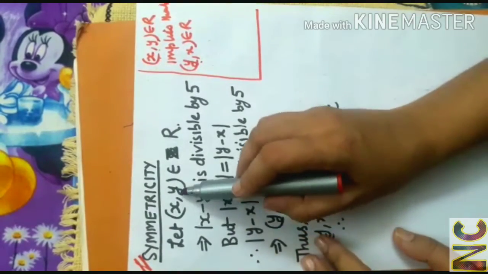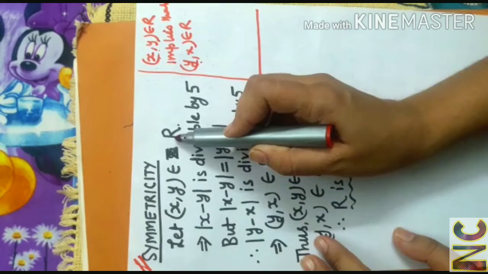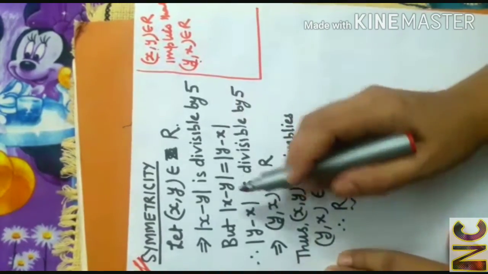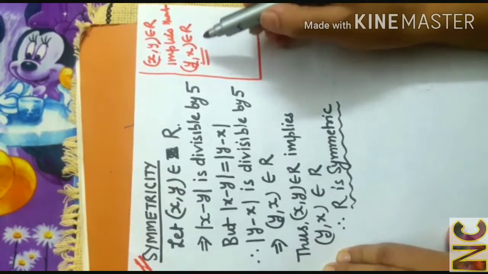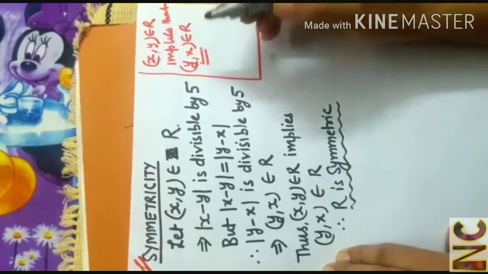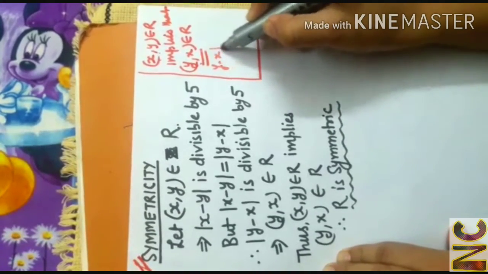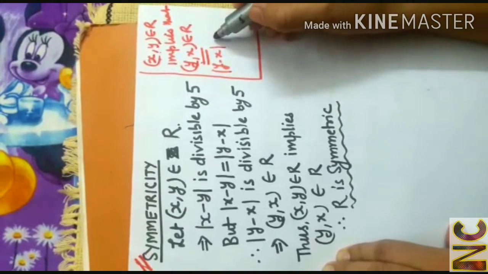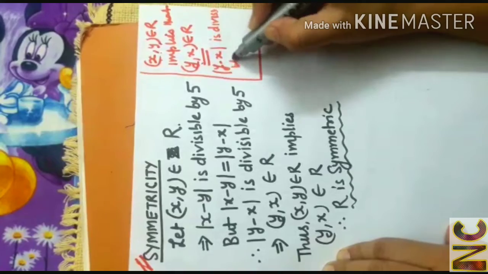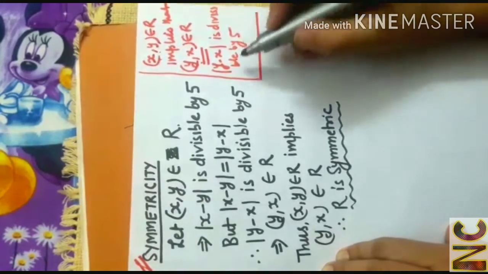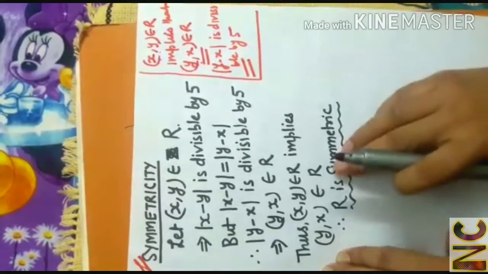So let x, y belongs to R. I need to show that y, x belongs to R. And this will belong to R if absolute value of y minus x is divisible by 5. So this I need to show.